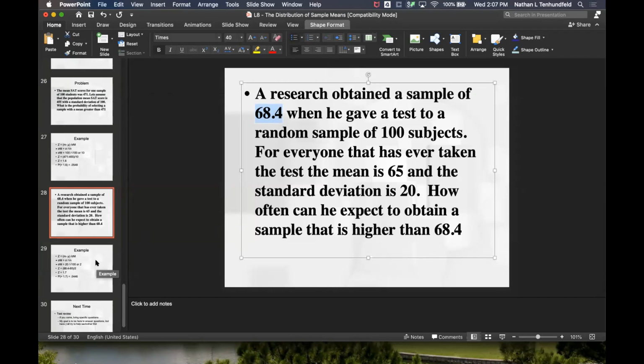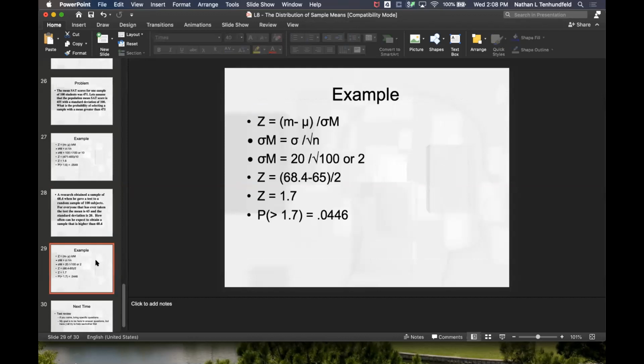So maybe the sample was a sample of UAH students who are uniquely brilliant, or maybe he gave them some sort of study procedure to go through, and that started to help. But now you can start to see how we're able to get the probability of something happening based off of a known population mean and standard deviation and a sample size.